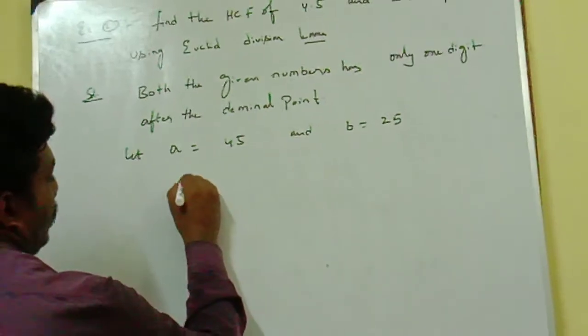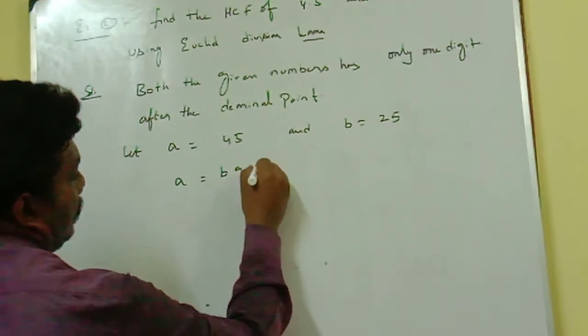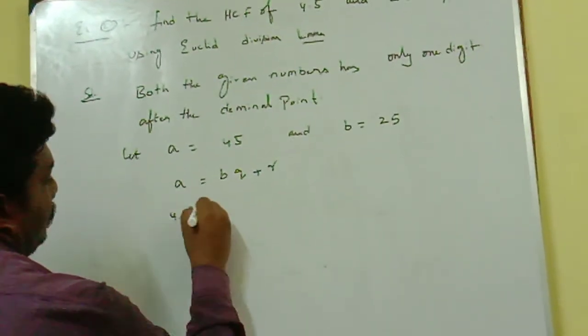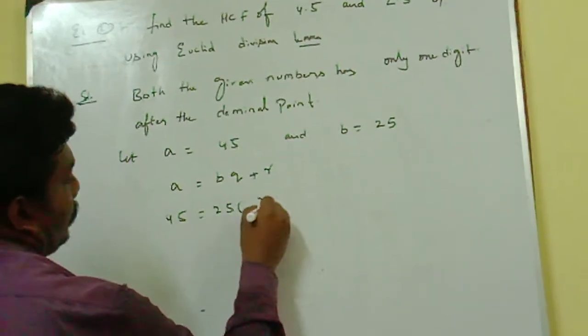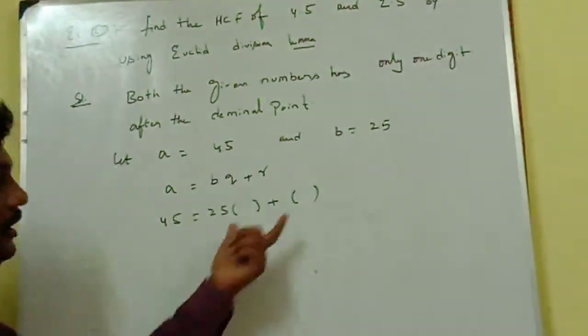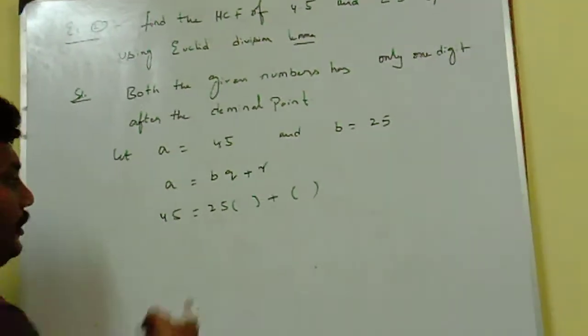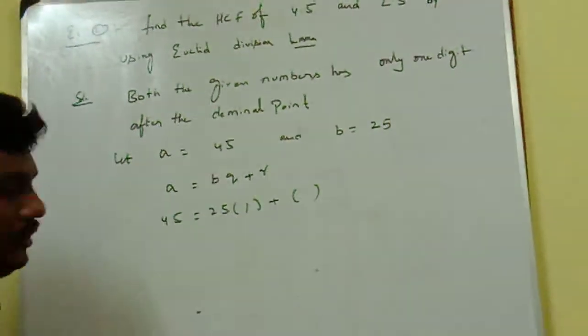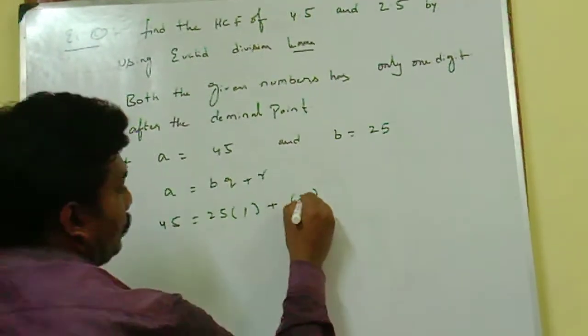From Euclid's division lemma, A equals BQ plus R, with 45 and 25. So Q plus the bracket and the remaining R also. Then 25 once becomes 25. Subtracting, it becomes 20.